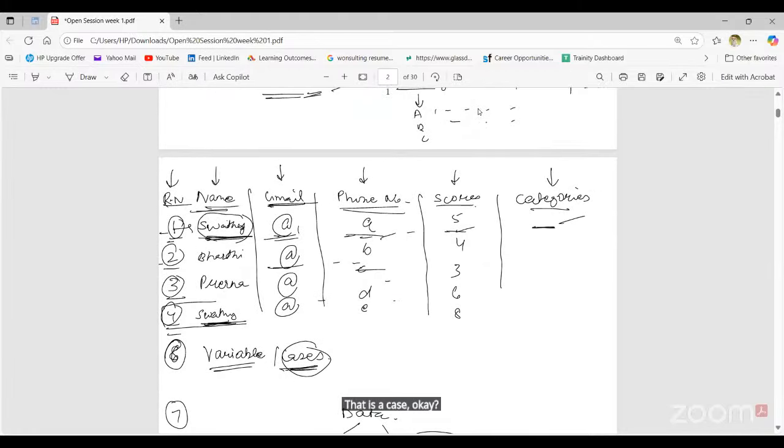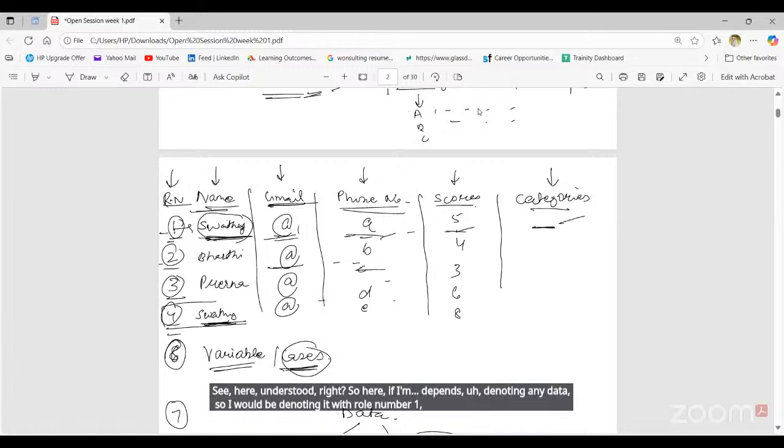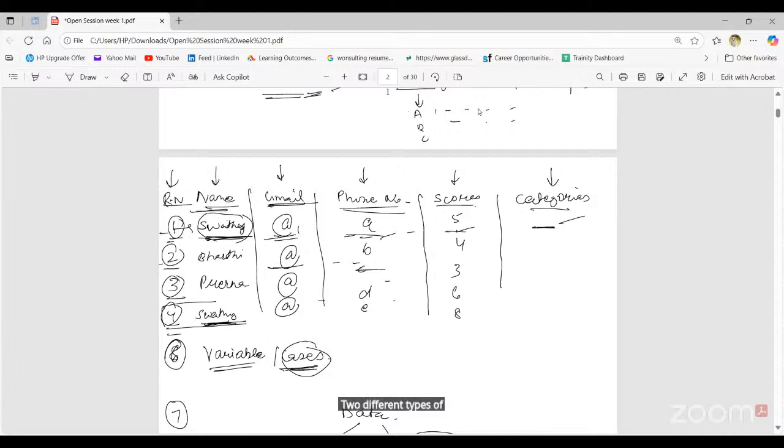If I'm denoting any data, I would denote it with roll number 1, 2, 3, and 4, not with the name, because two different people may have the same name. So you just have to consider which data is unique, and that is my case. Whichever column is unique, that is my case.